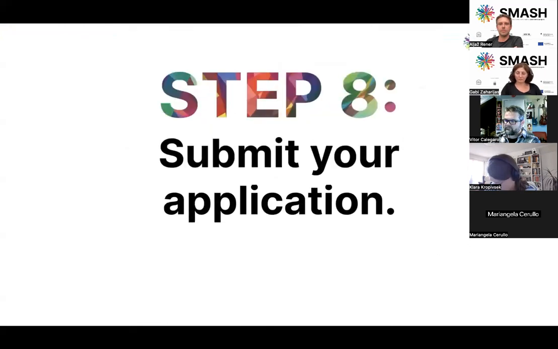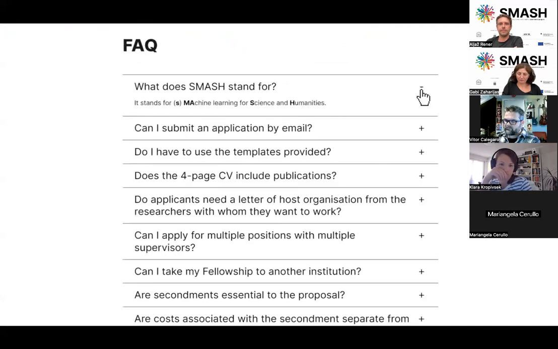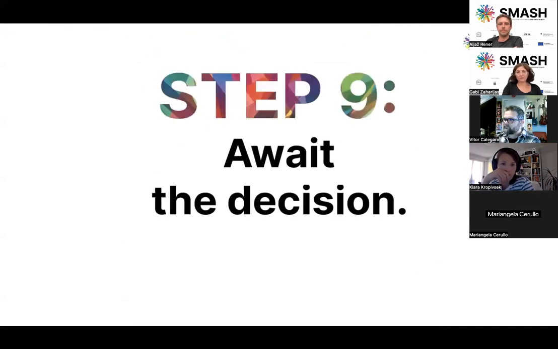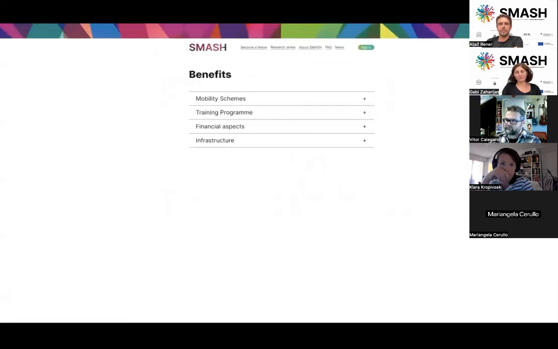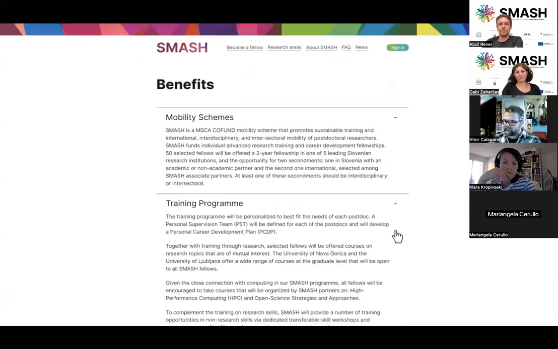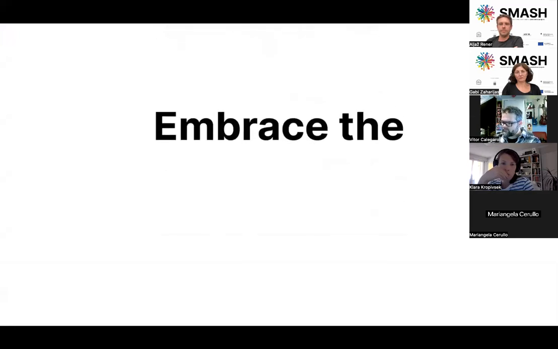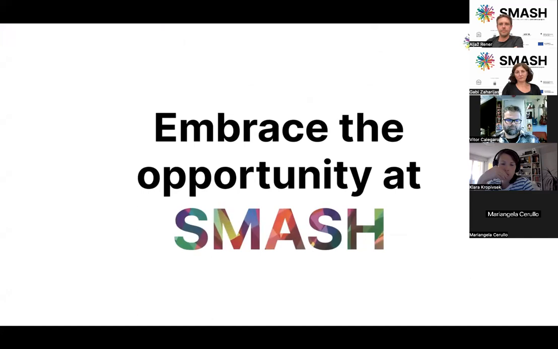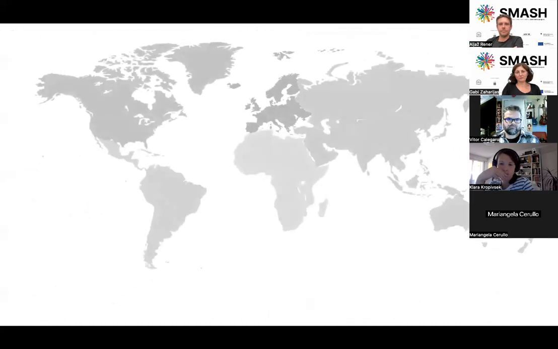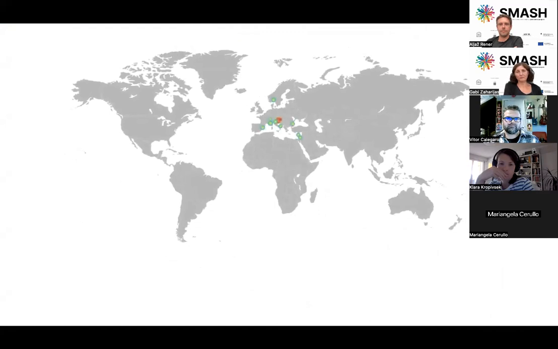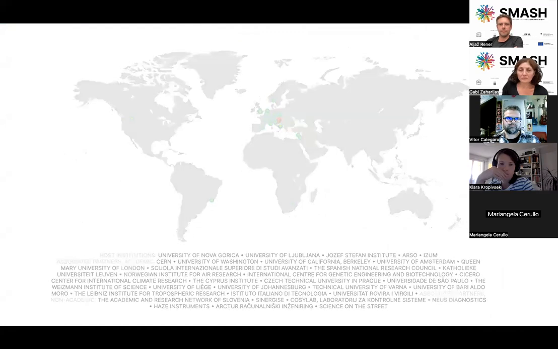Step 8. Submit your application. Be thorough, be confident, and make your application stand out. Step 9. Await the decision. The selection process is competitive, but your passion and potential can make all the difference. Step 10. Embrace the opportunity. If selected, you are on a path to innovate, collaborate, and contribute to groundbreaking research.